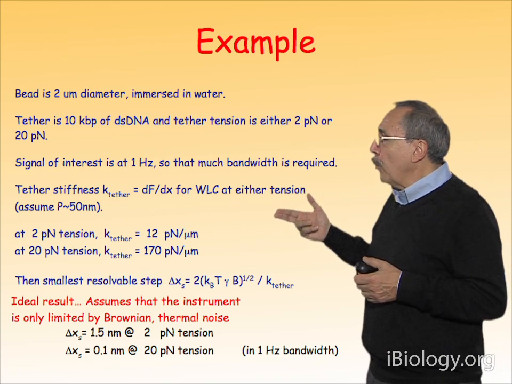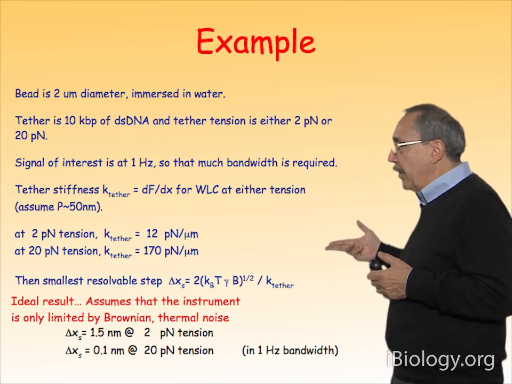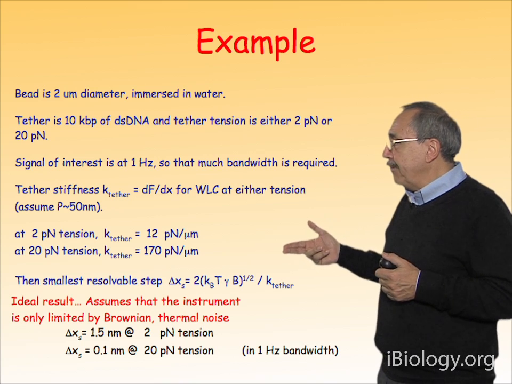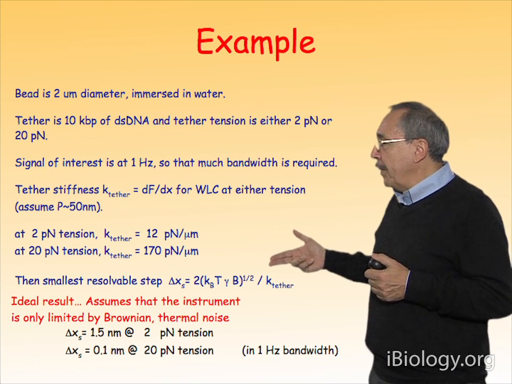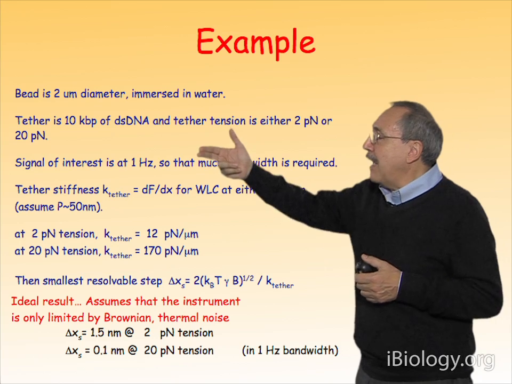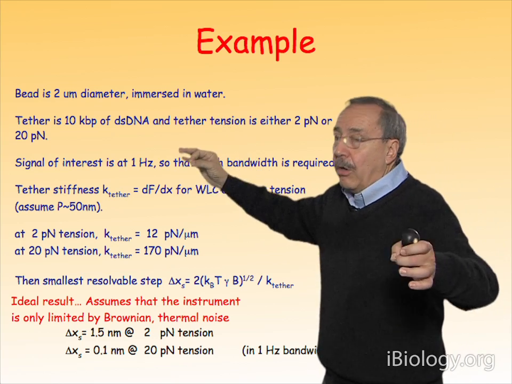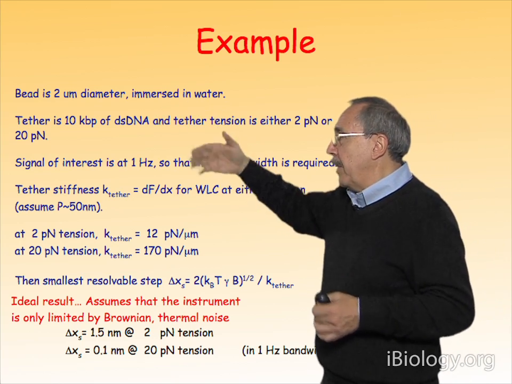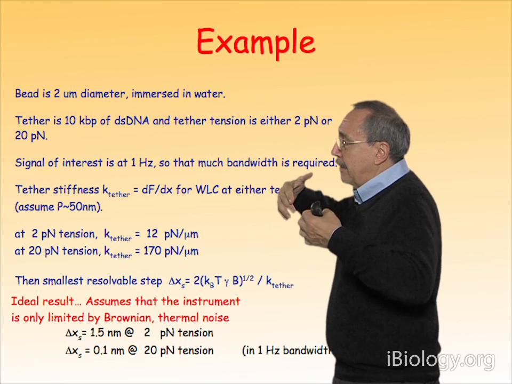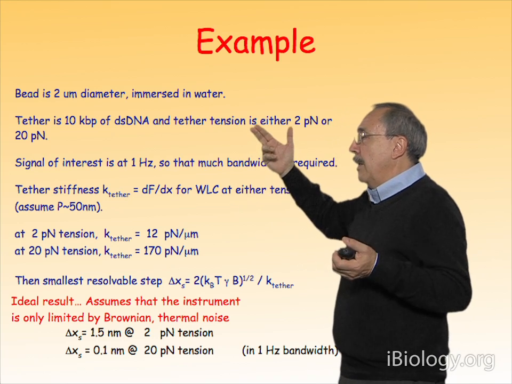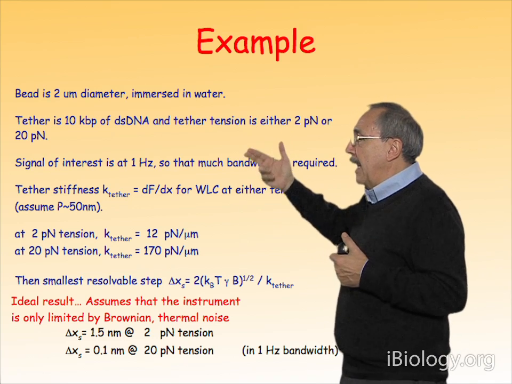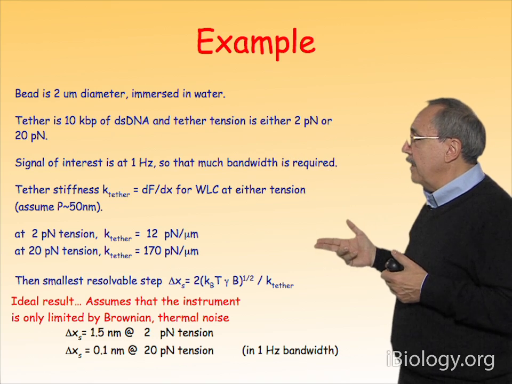So we can plug all these numbers in, we know them, and it turns out that at 2 piconewtons of tension with a 10,000 base pair tether, which is very long, you don't need to use 10,000 base pairs. You could use just 1,000 base pairs, and then it will be 10 times better than that. But let's use 10,000 as in this example.